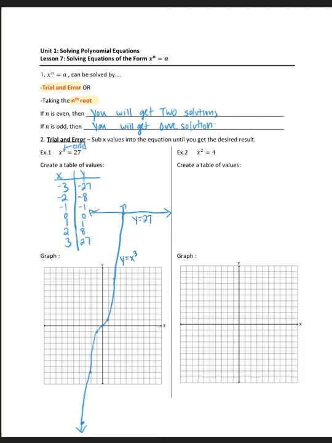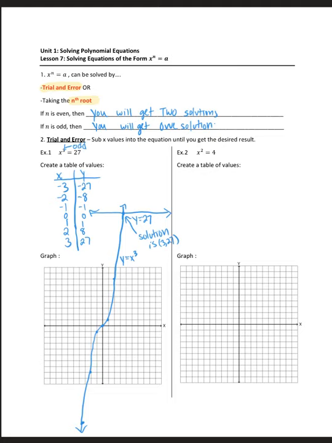Then we can see the point of intersection where those two lines cross is our solution. The solution is 3. We can see they only cross at one point, so that confirms that idea that when you have an exponent of odd nature, then you're only going to have one solution. Only one number is going to satisfy that.